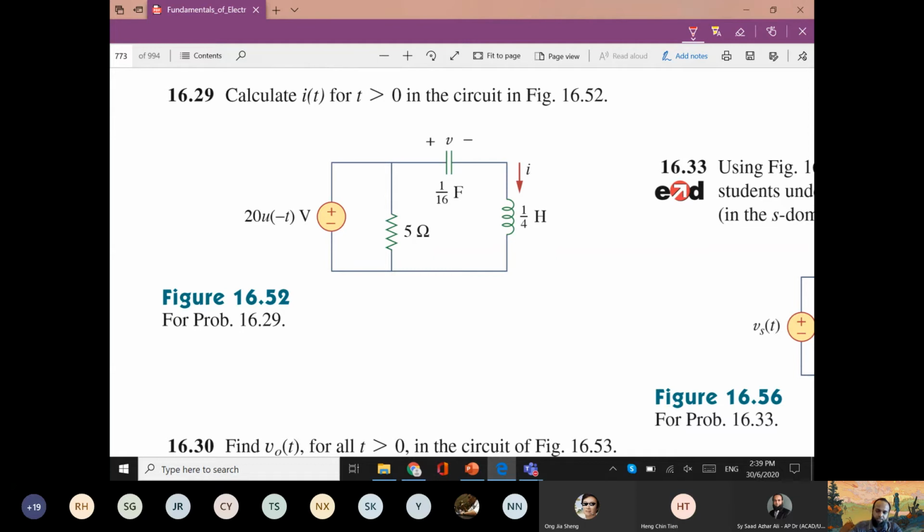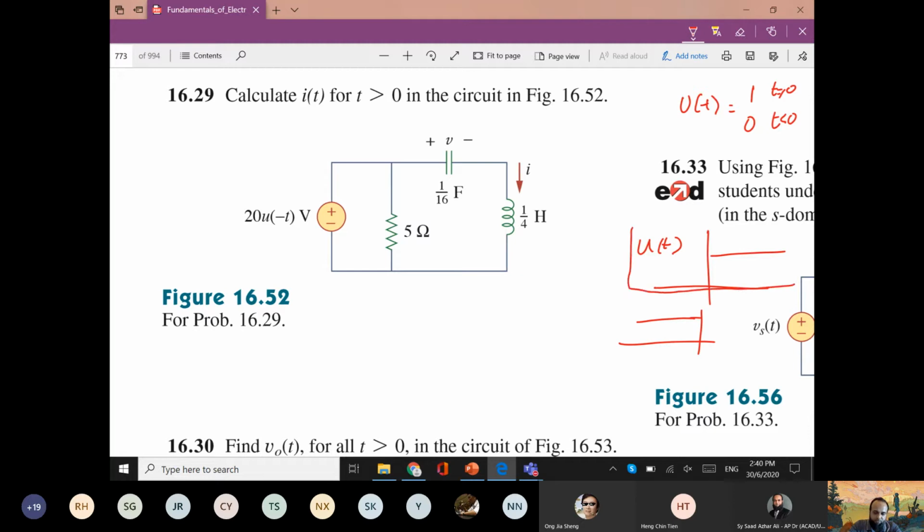U of minus t is basically, if U of t is 1 for t greater than or equal to 0 and 0 for t less than 0, if it's minus t, it's the opposite. So if ut is like this, u of minus t is like this. And it shows something like a switch.